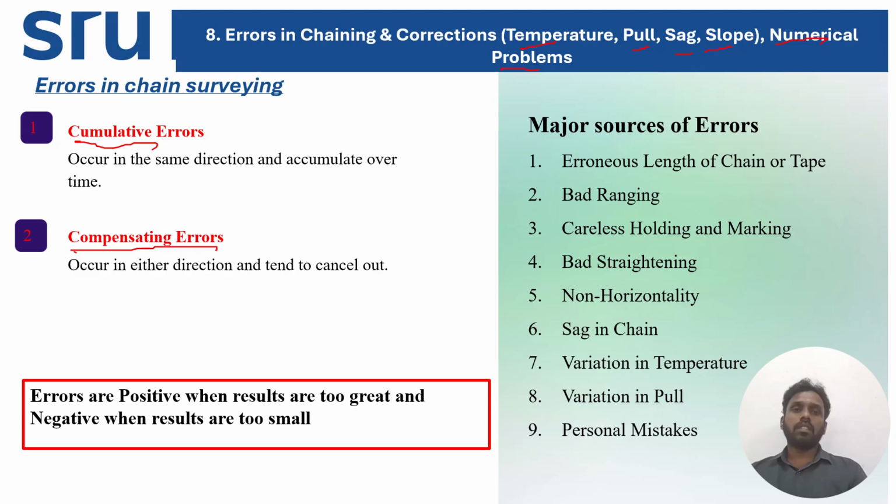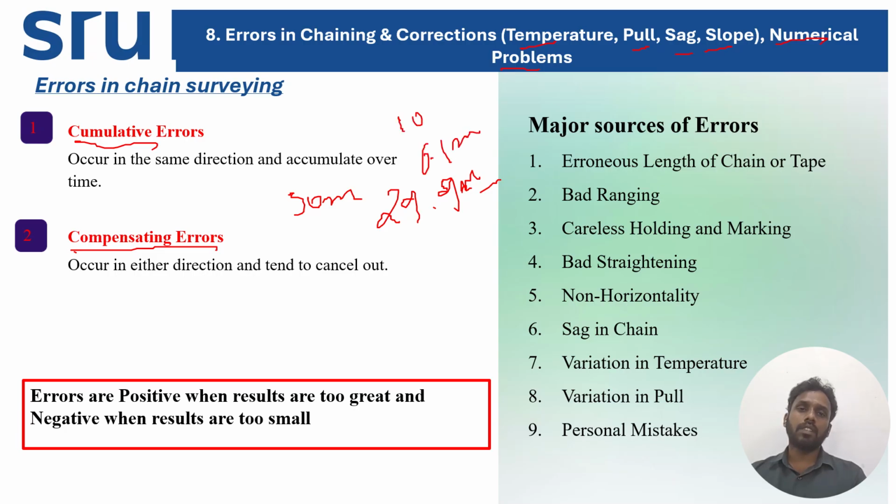What is cumulative error? For example, if your tape is longer or shorter than the standard unit. If it is 30 meter, but your tape is only 29.9 meter, due to some issues, then the measurement you take from the start of the day to the end of the day is deficient by 0.1 meter.